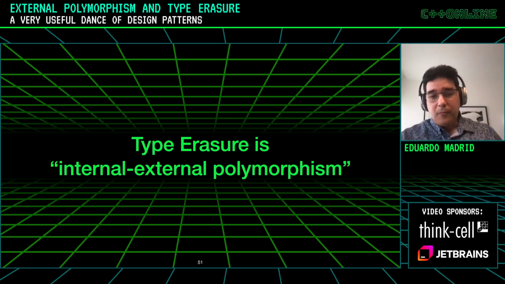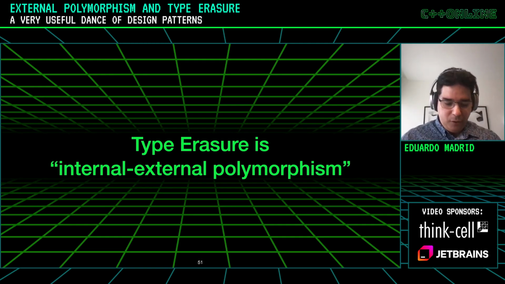So to begin to tie up the entirety of the presentation, I want to communicate with you that in the way that I have introduced these things, I made it so that a contradiction emerged: type erasure is sort of an internal external polymorphism.